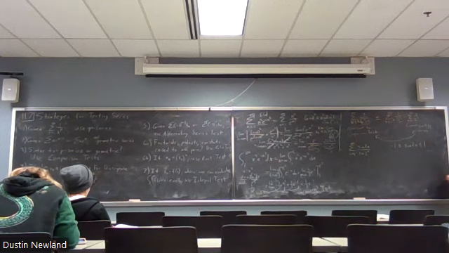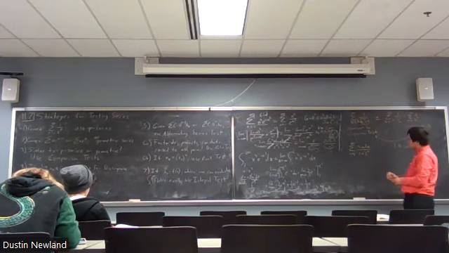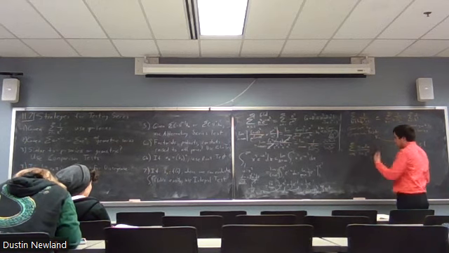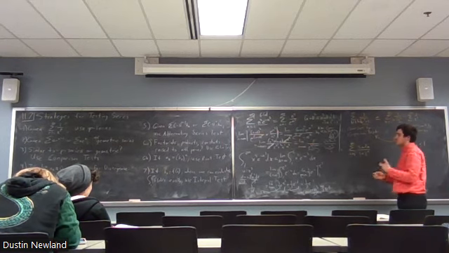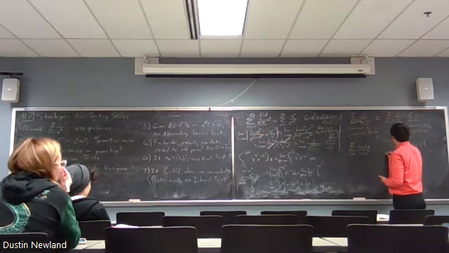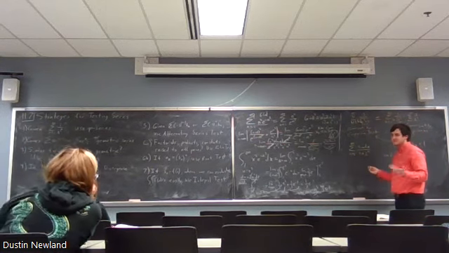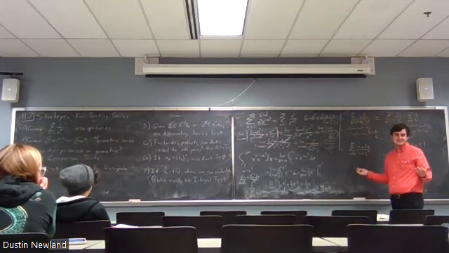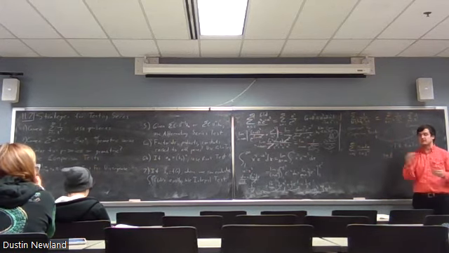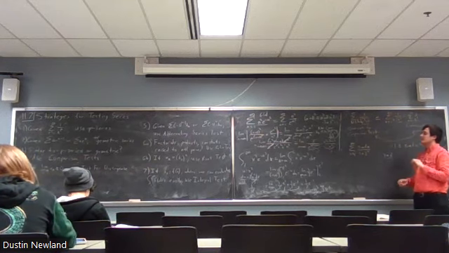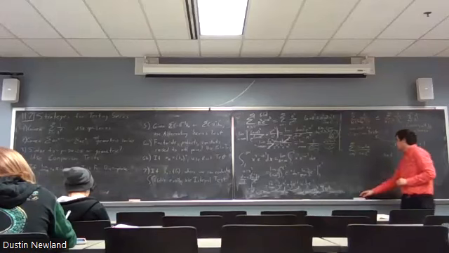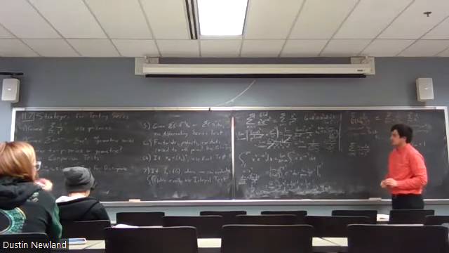But sine of 2n isn't necessarily -1 to the n. If I put 1 in there, I get sine of 2. Anybody know what sine of 2 is? No, it's not a common number. It's not going to be -1. It might act like an alternating series, but it's a little sketchy, so I don't want to jump to that conclusion.